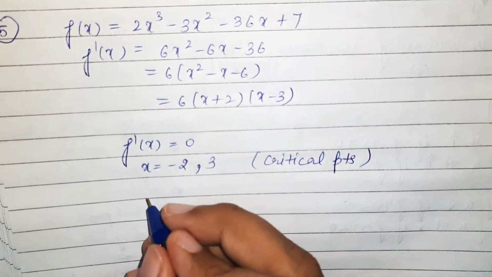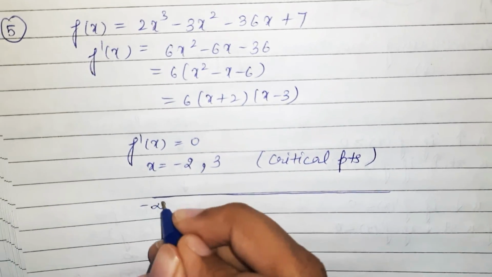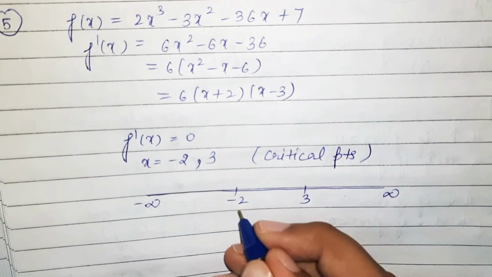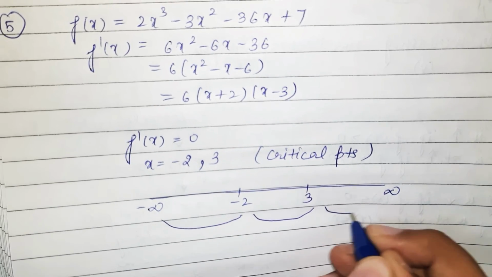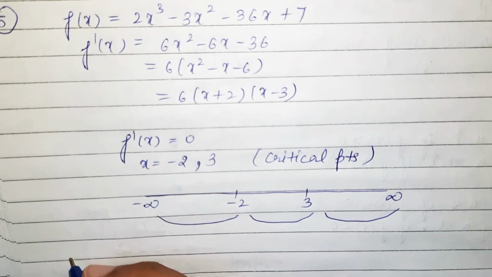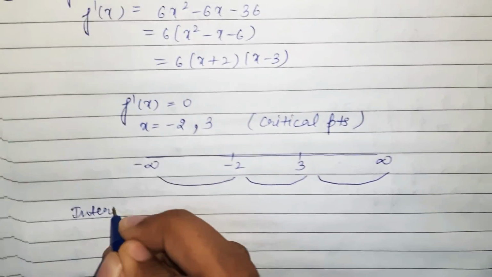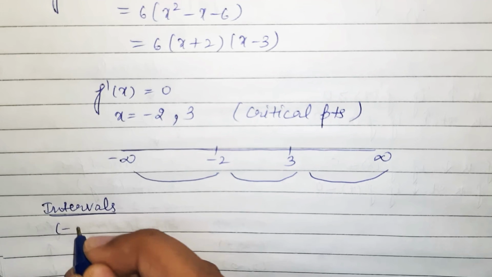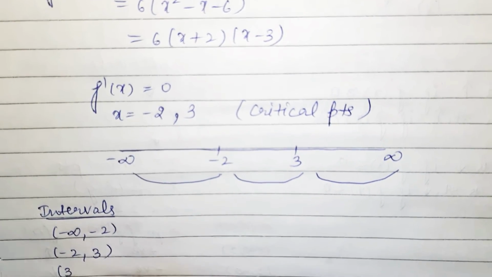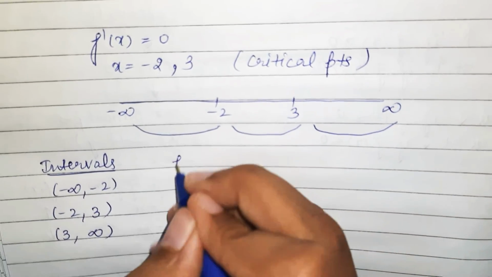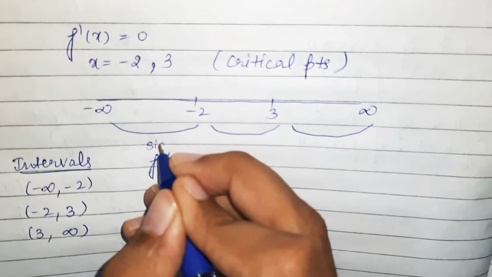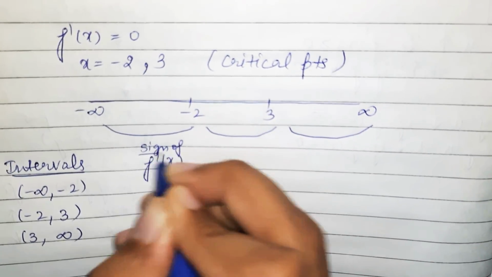Now if I talk about the number line, minus infinity to infinity, place the position of minus 2 and 3. So I am getting these intervals. The intervals are minus infinity to minus 2, minus 2 to 3, and 3 to infinity, open intervals, and we check the sign of f dash x.